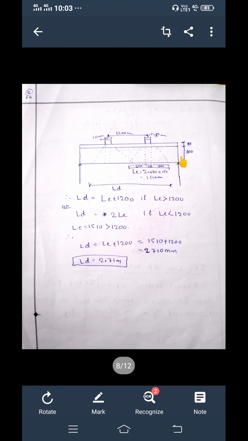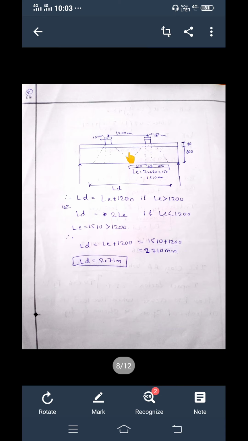So for that, we'll draw a triangle here. From this to this, this height is the same distance.